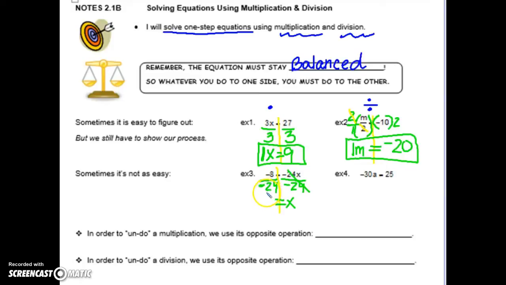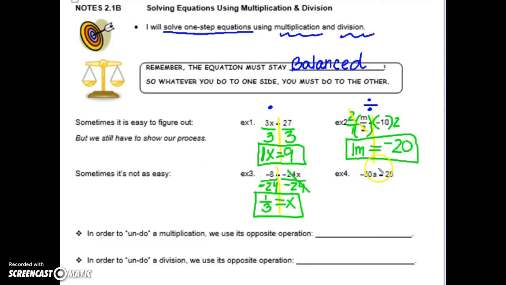So you could either type it into your calculator, simplify the fraction, but you have to think, what can I take out of the top and the bottom? And the answer is 8. I can divide the top by 8. I can divide the bottom by 8. I'm simplifying that fraction. So my answer would be, negative divided by negative is a positive, so positive 1 over 3. Okay, so that's a tricky one because you end up with a fraction.